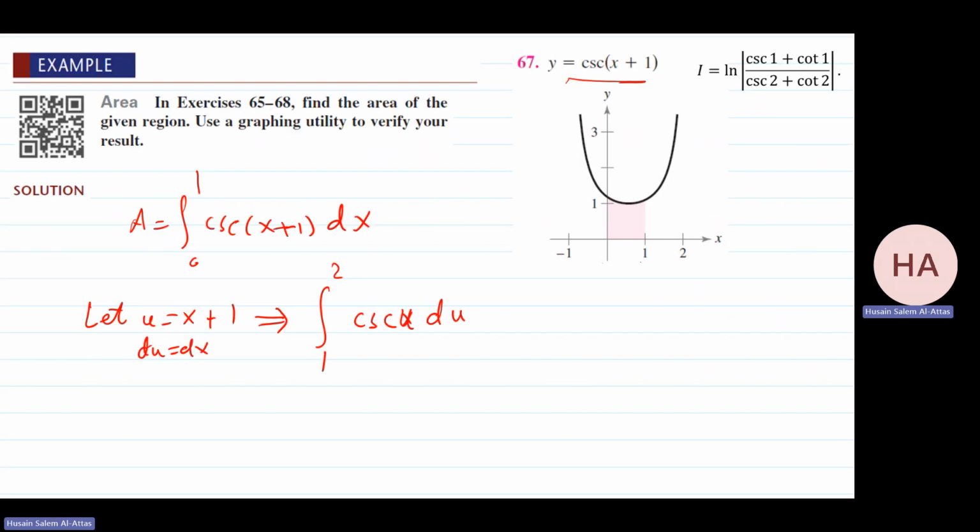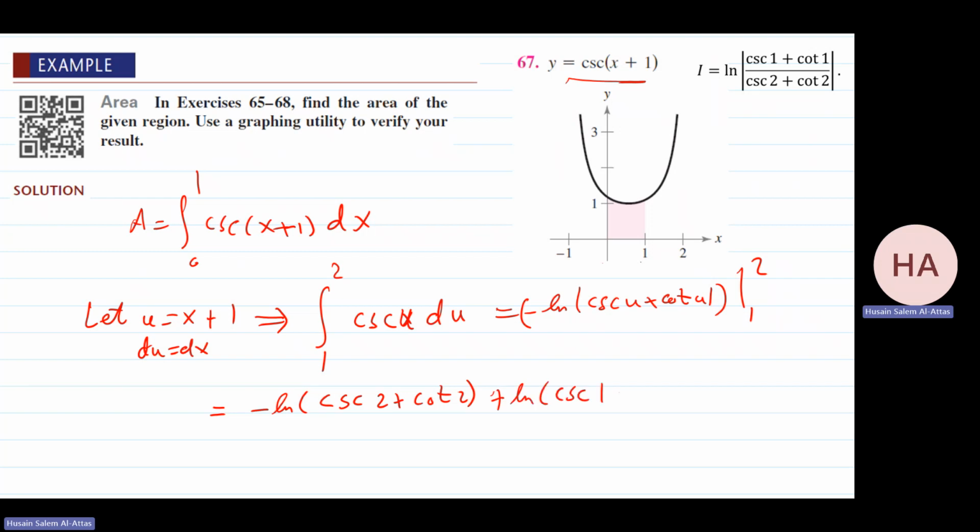That will be minus ln of cosecant u plus cotan u from 1 to 2, which is minus ln of cosecant 2 plus cotan 2, plus, minus minus will make it plus, ln of cosecant 1 plus cotan 1.